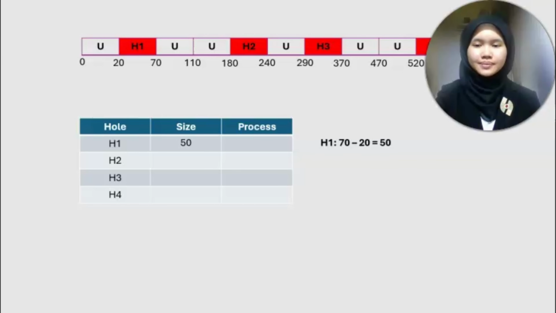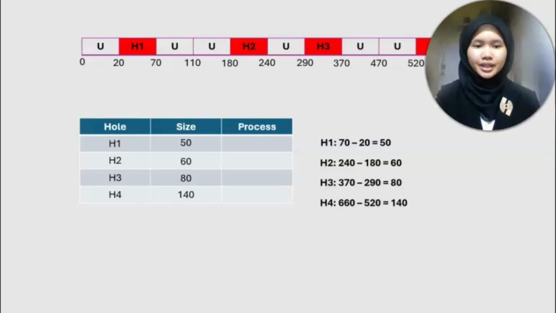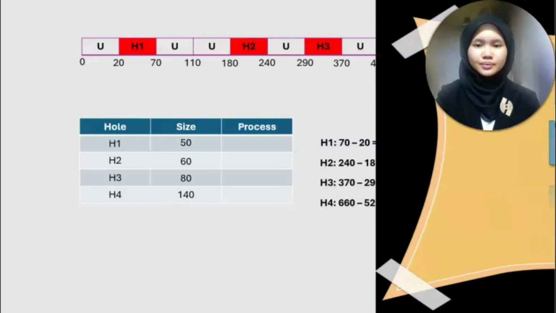H1 is 50, H2 is 60, H3 is 80, and H4 is 140. These values will help us decide where to allocate each process.